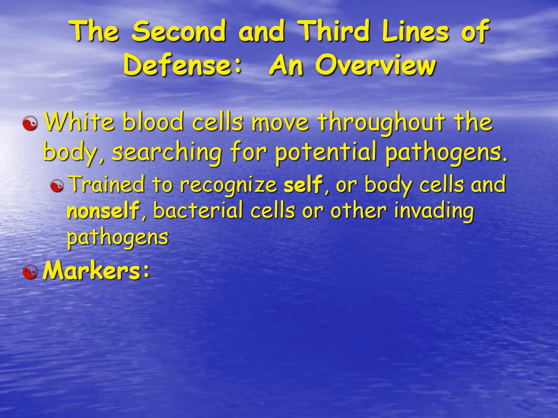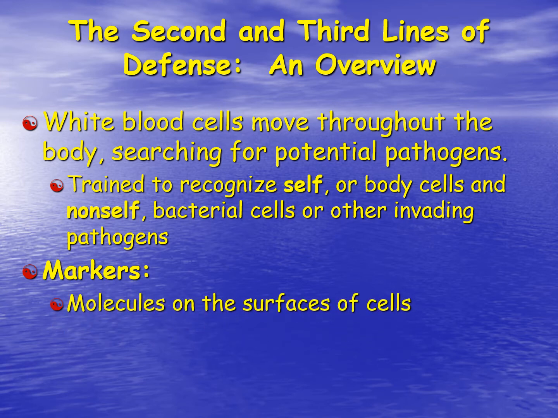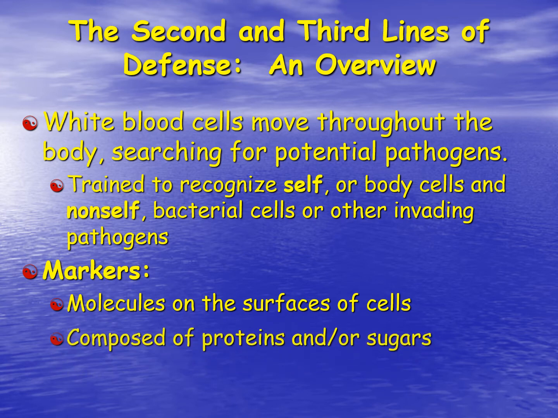On our cells, we have groups of proteins known as tissue markers. Later on, we will find out that the actual name of these is the major histocompatibility antigens. These markers are like name tags on our cells that say to our immune system, this is me, please don't kill me today.